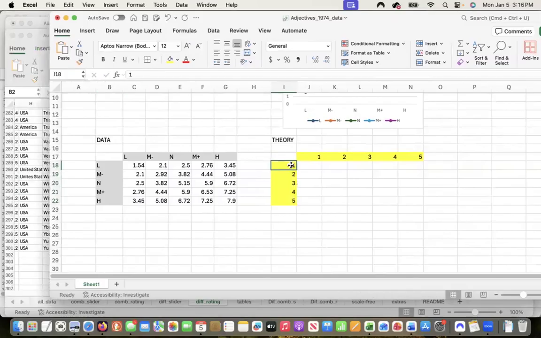So I've selected 1 through 5. I've clicked over in the naming box, and I'm going to call this row underscore. And I hit return, and that gives these cells that are highlighted in yellow here the name row.